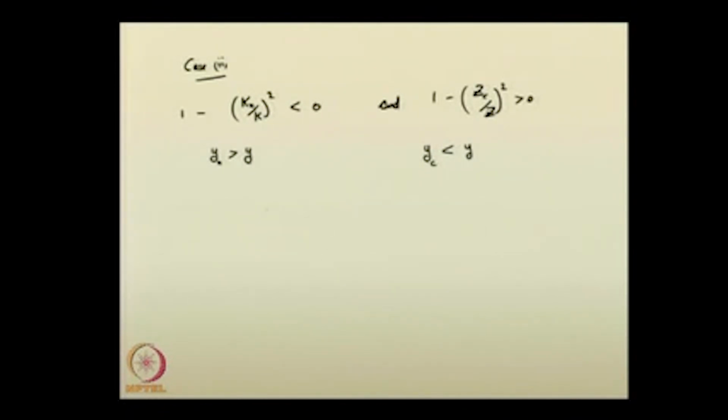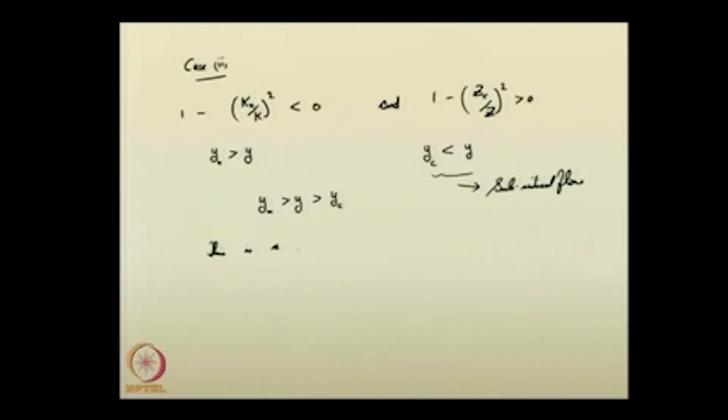So, what does this imply? This gives you that y n is greater than y, which itself is greater than the critical depth. If y c is less than y, it automatically gives you a subcritical flow, and also y n is greater than y c.